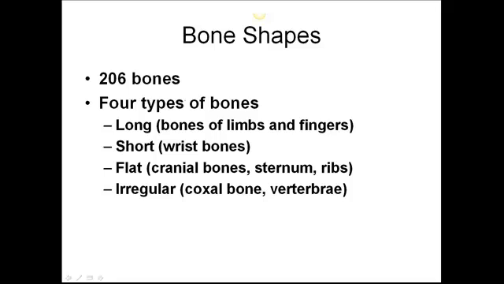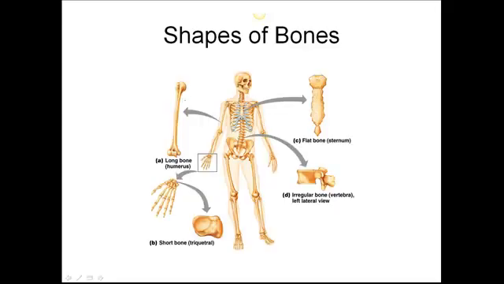The flat ones are the cranial bones, the sternum, and the ribs. Although those may look like long bones, they're really considered flat bones. The short ones are the wrist bones in your wrist, and the long ones, I'll never test you on this, but they want you to know that there are bone classifications. And here's a nice picture if you want to look at the picture. Okay.